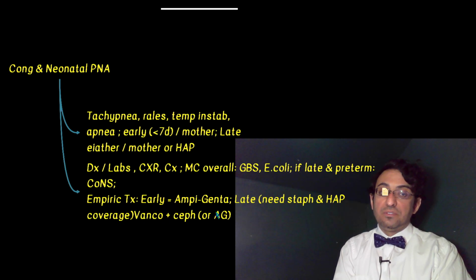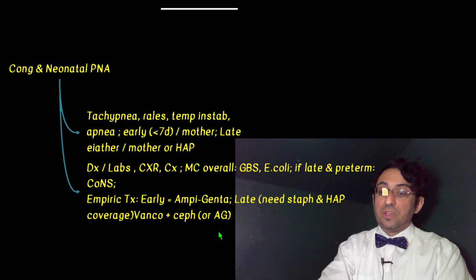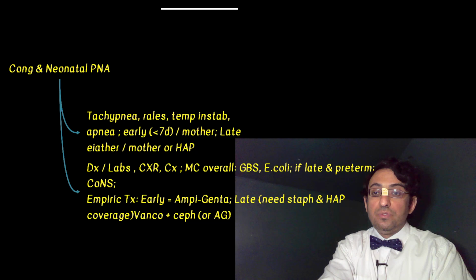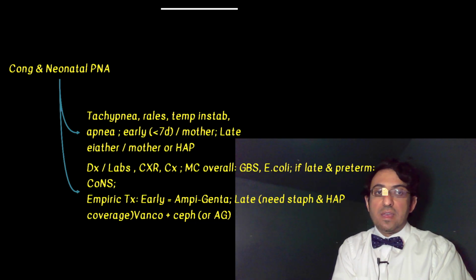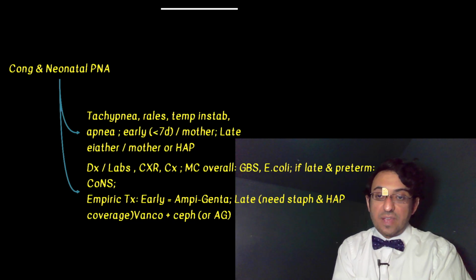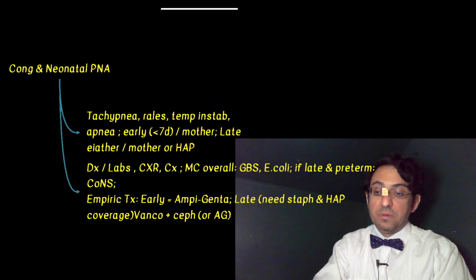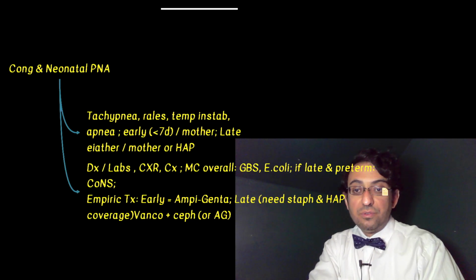We need to cover Staphylococcus aureus as well as hospital-acquired pneumonia causes, so we go with vancomycin plus a cephalosporin or an aminoglycoside. Can't use ceftriaxone. Remember that we prefer not to use it before 1 to 3 months of age, so the cephalosporins that we use include cefotaxime, ceftazidime, or cefepime. What's the duration? It's usually 7 to 10 days.